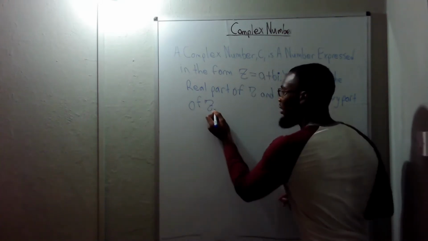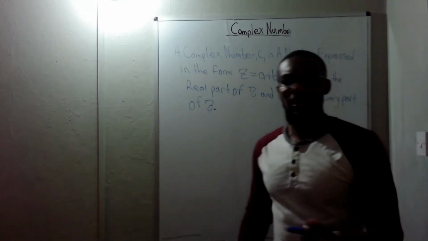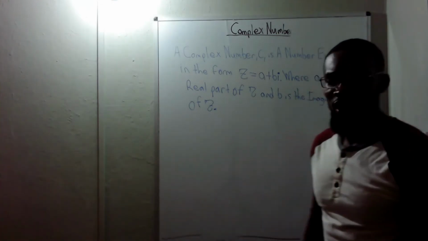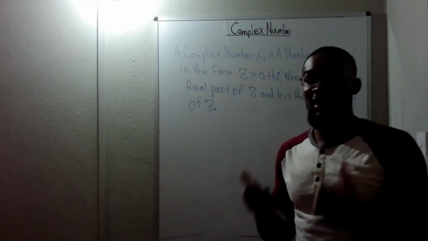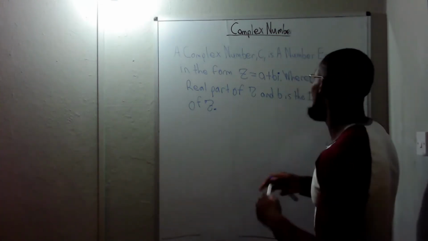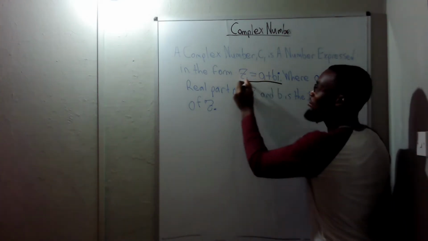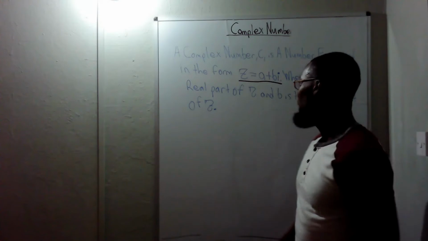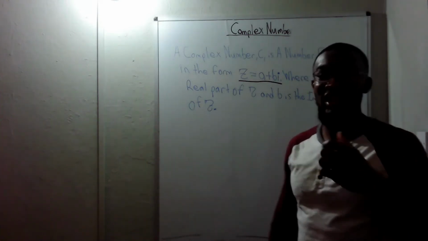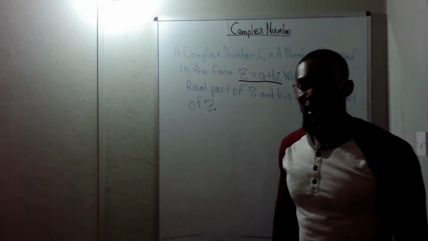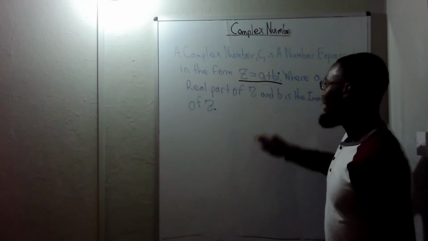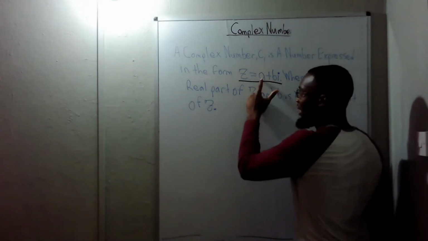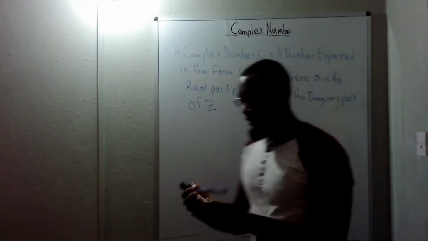So what this is saying is a complex number is a number, and generally we call a complex number z. So a complex number z is equal to a plus bi, where a is the real part of the complex number, and b is the imaginary part of the complex number. a is the real part, b is the imaginary part.